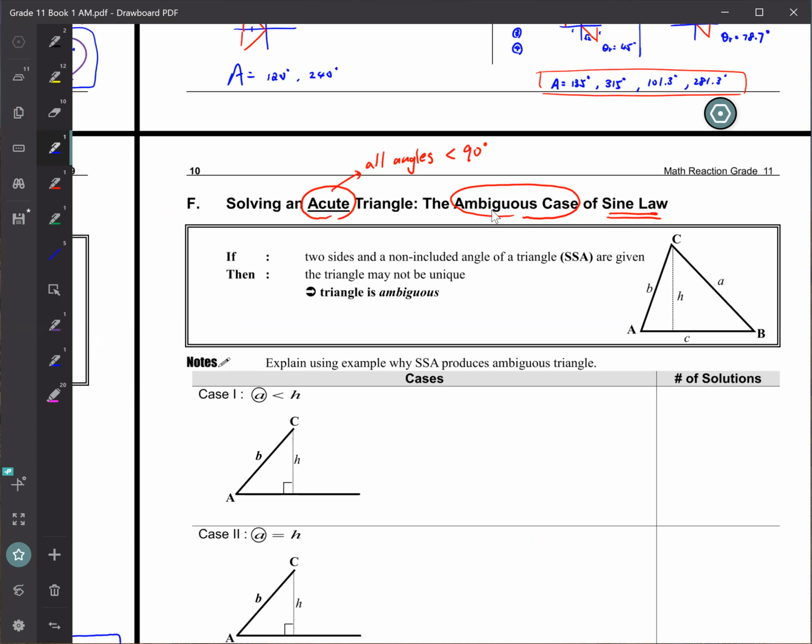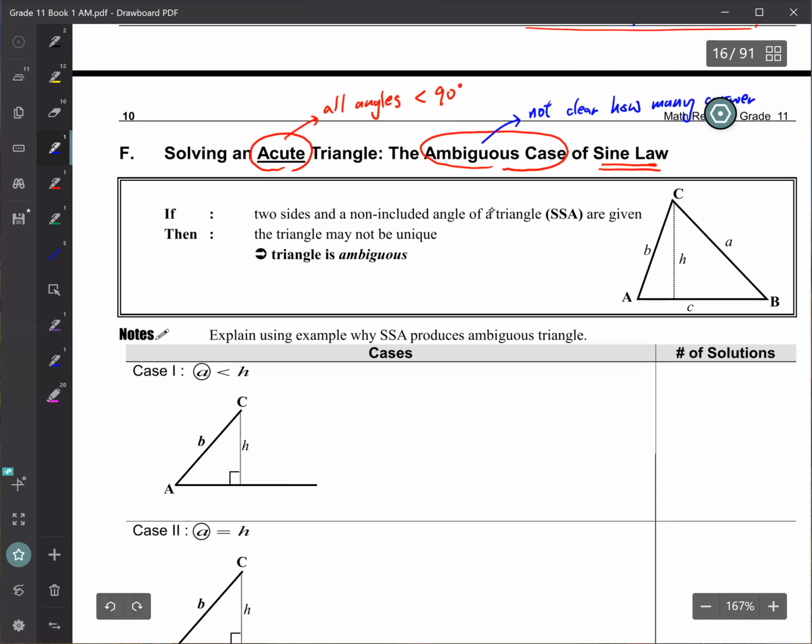Ambiguous means it's not clear how many answers. Not obvious. When you say something that's ambiguous, you are not being clear on what you are saying. So you will get an ambiguous case when you are given an ASS.